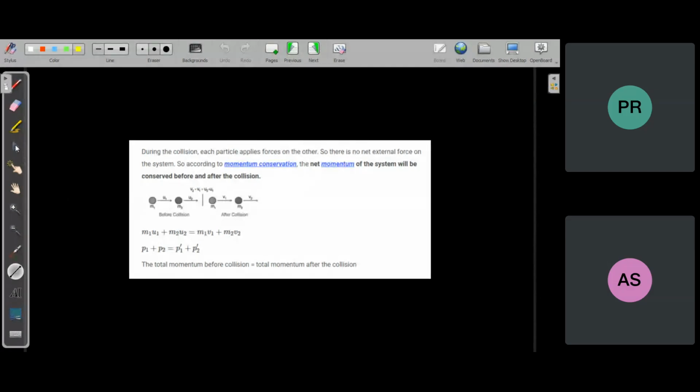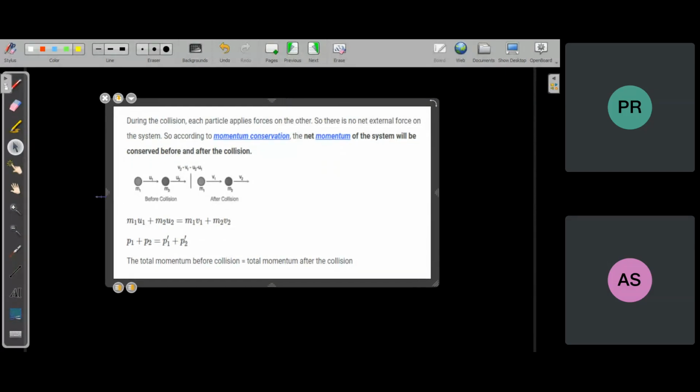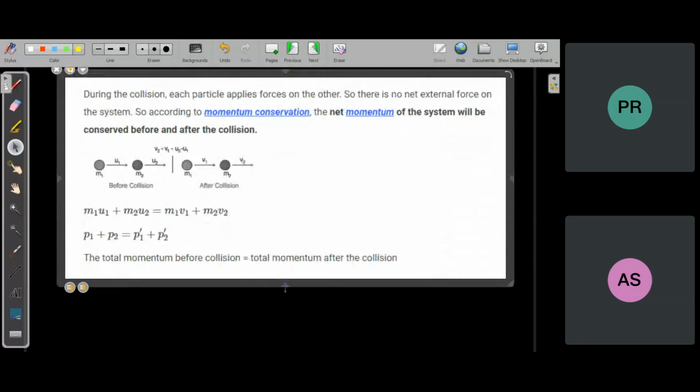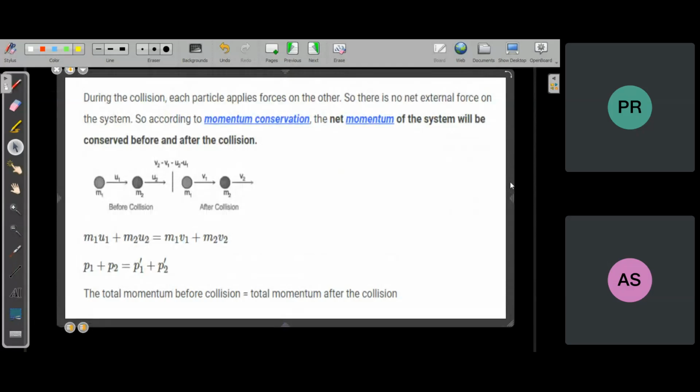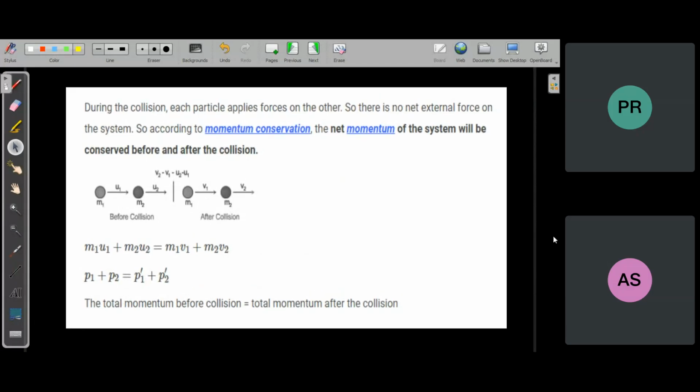Now here you can see that whenever collision takes place, for simplicity, let's limit to only two particles. When collision takes place between two particles, each particle will experience a force because of Newton's third law. One particle will exert force on another: first on second, and second will also exert the same force on first in the opposite direction.